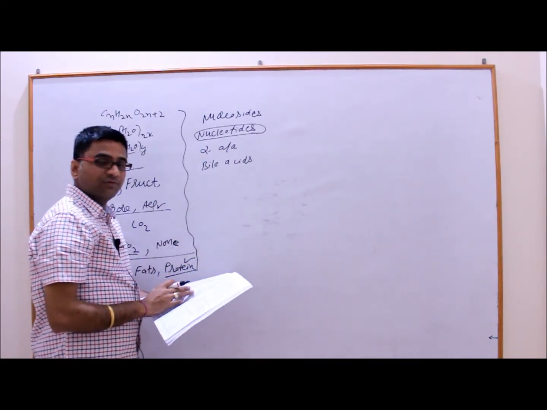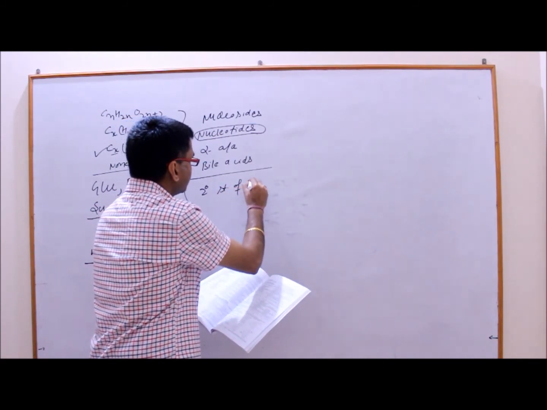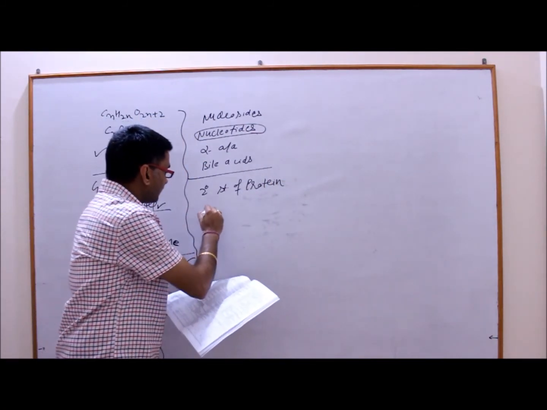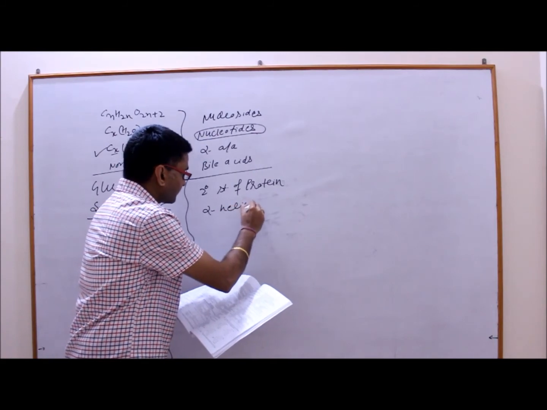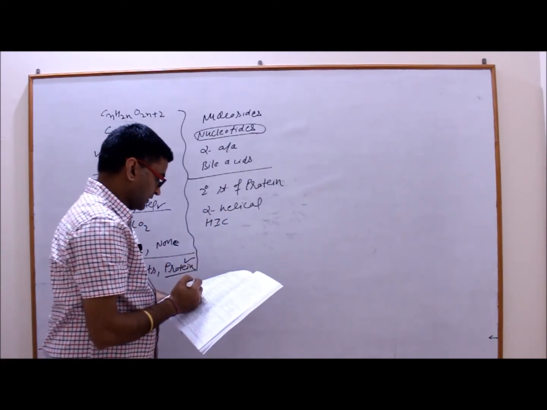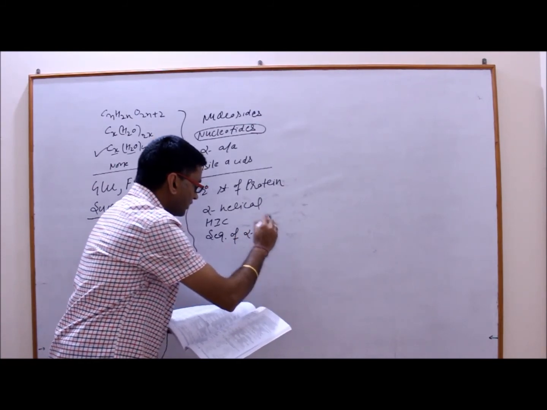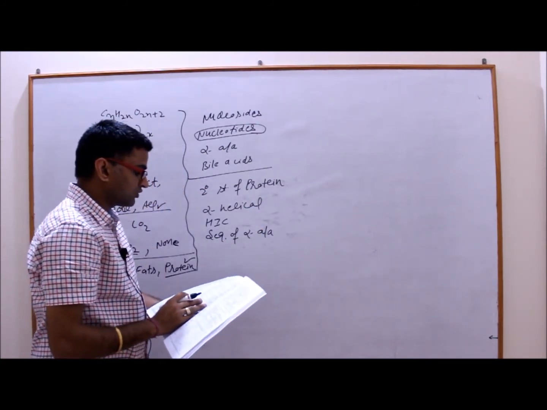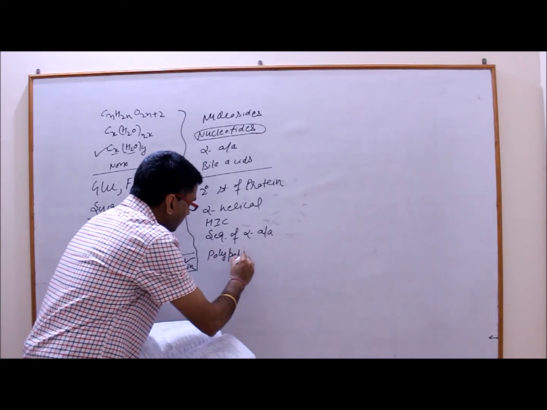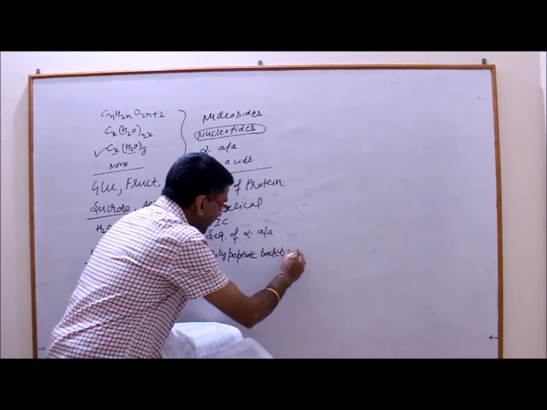Okay, next is: the secondary structure of protein refers to what? The options are alpha helical, hydrophobic interaction, sequence of alpha amino acids, and fixed configuration of polypeptide backbone.